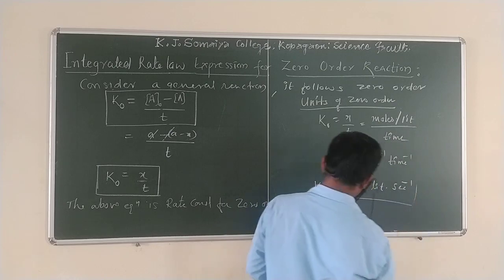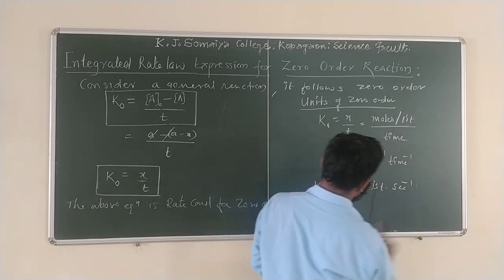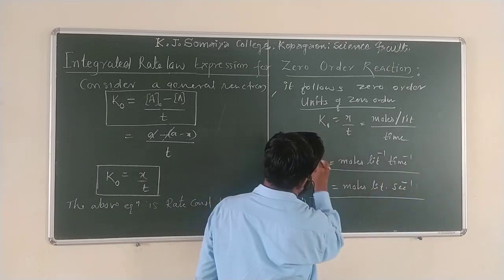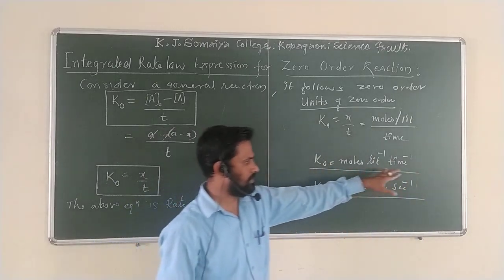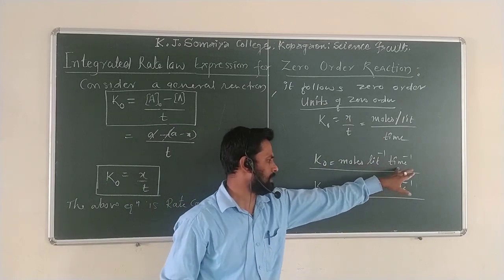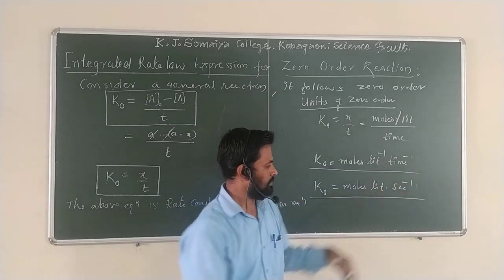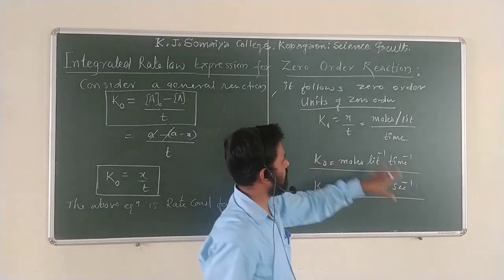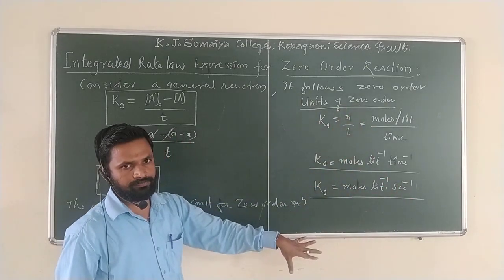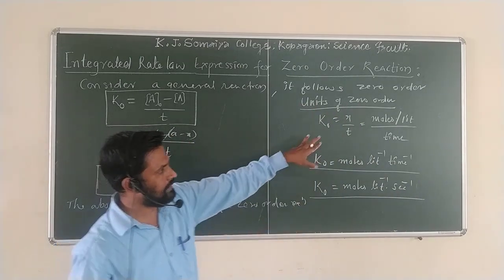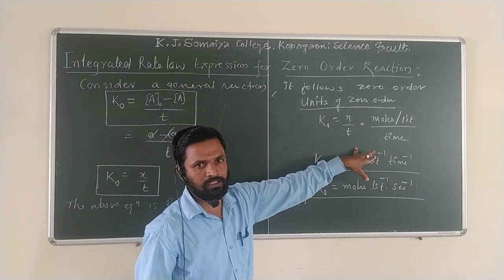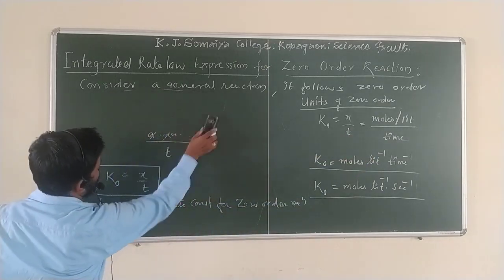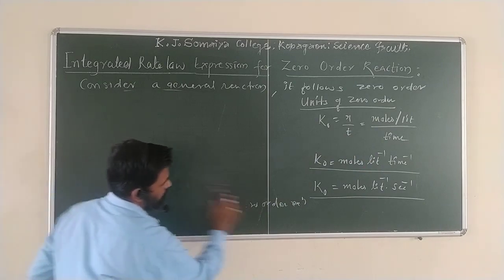Both are the same. In general it is moles per liter per time, or moles per liter per second. These are the units for a zero order reaction. What we have to remember is K0 equals x upon t. Now let me go for the graphical representation.